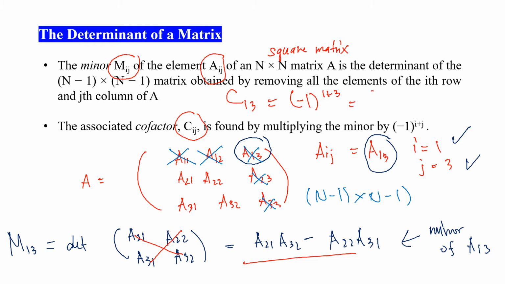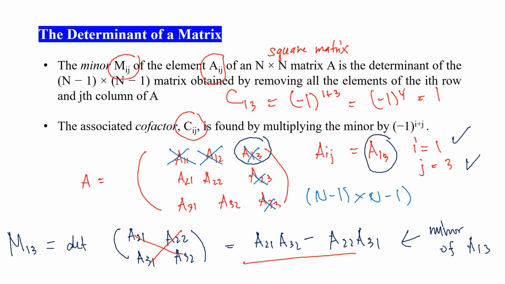So you have -1 raised to 4, that's equal to 1. So that is the cofactor of your A13 element of your 3 by 3 matrix. The cofactor is just easy since it's just -1 raised to i plus j.